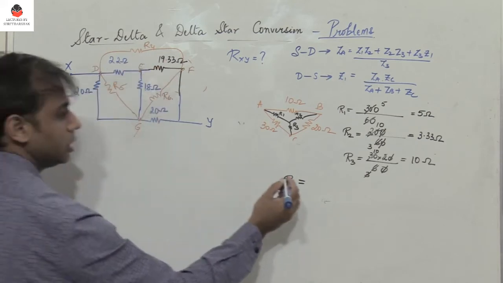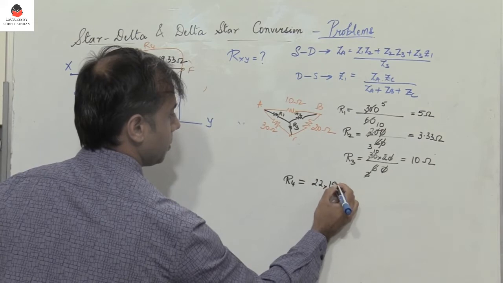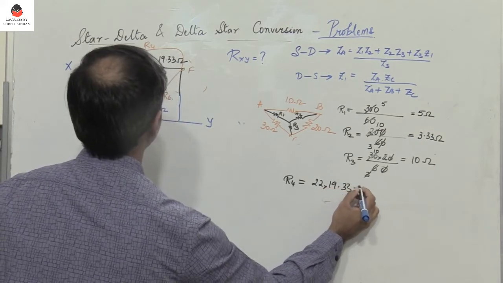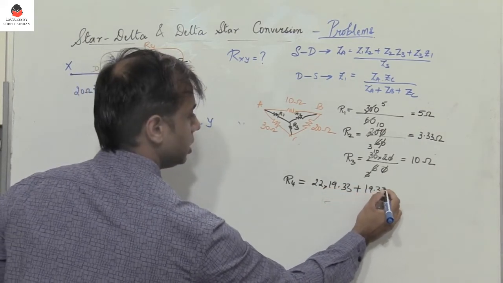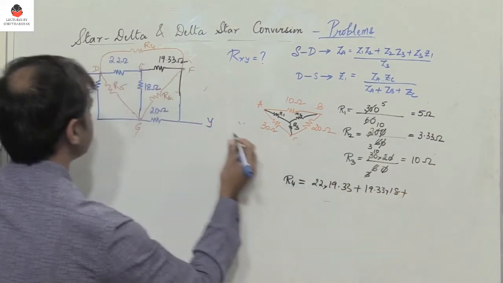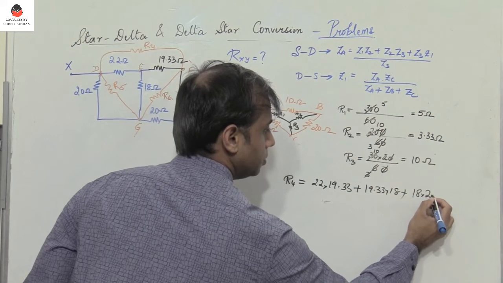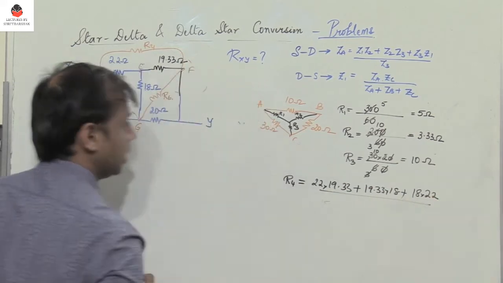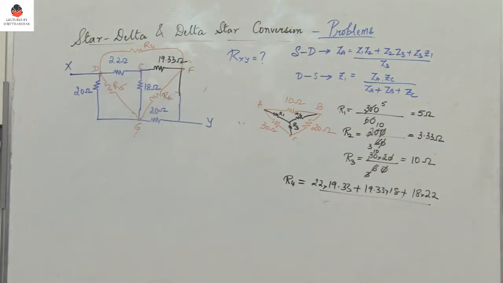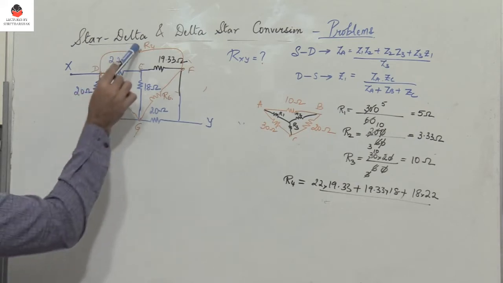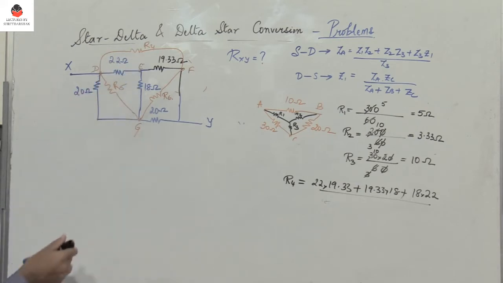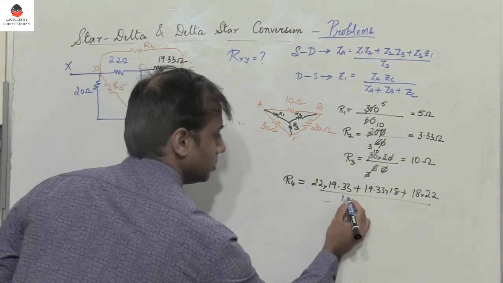22 into 19.33 plus 19.33 into 18 plus 18 into 22 divided by, now to find R4 I have to divide the numerator by the resistance opposite to R4, which is 18. So divided by 18.